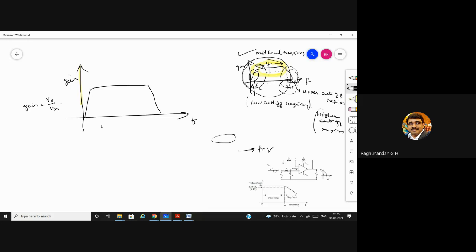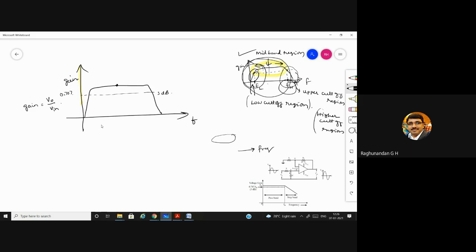So initially this gain will be lesser and slowly it starts increasing. After that it will be constant. Again it starts decreasing. We will take the center frequency, and when gain is in terms of decibel, we are going to take 3 dB downwards. Or if you are not taking it in terms of decibel, then we will take 0.707 times the maximum value.